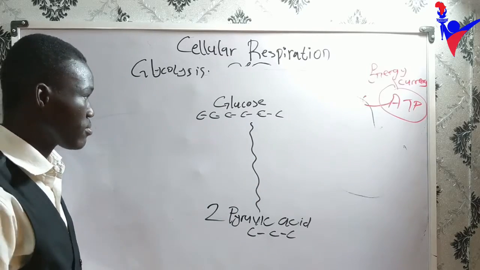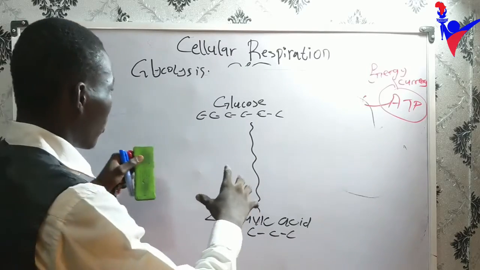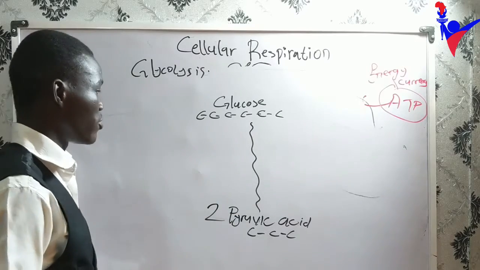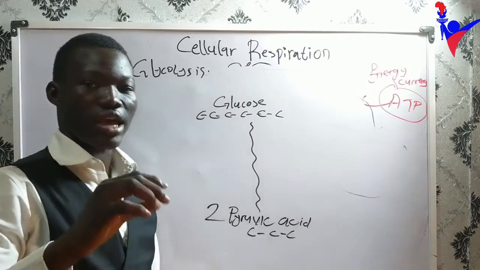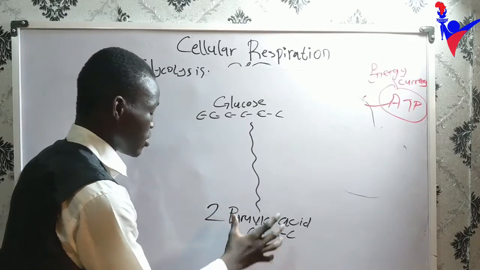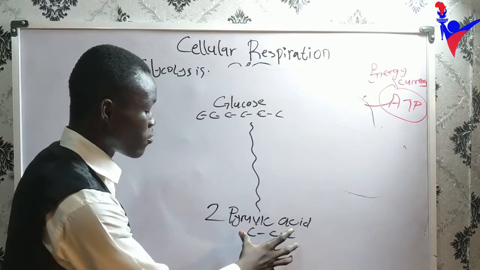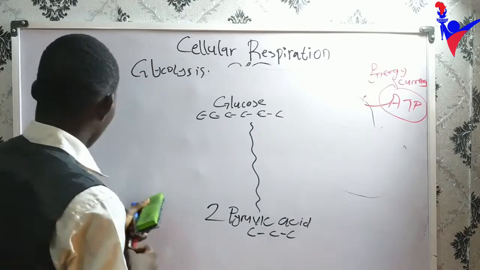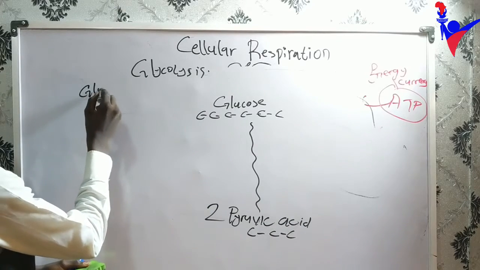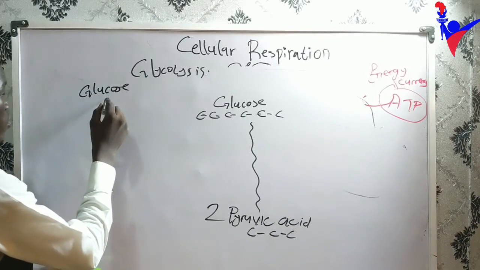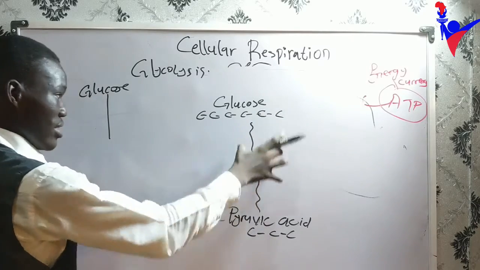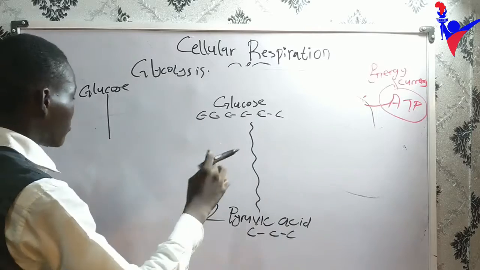So I'll just use our analogy of anaerobic and aerobic respiration. What happens in aerobic respiration is that at this particular stage, we want to produce energy. If you break down glucose into pyruvate, we are also going to look at the mechanism inside here, how we get pyruvic acid.